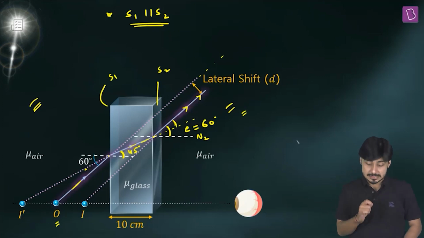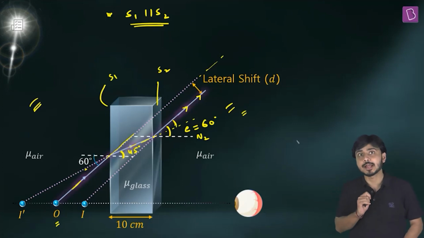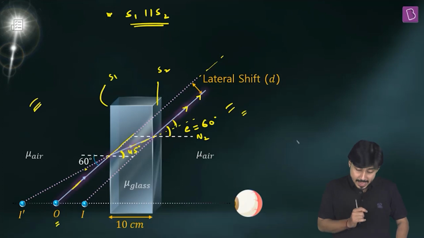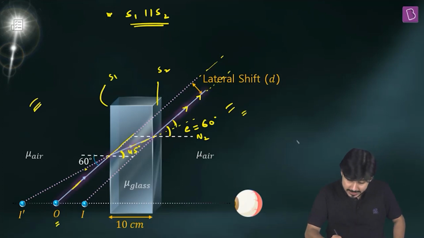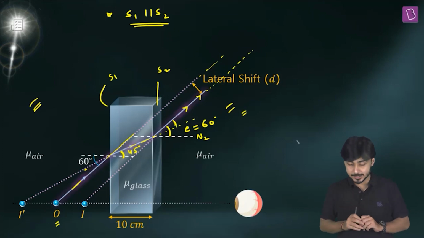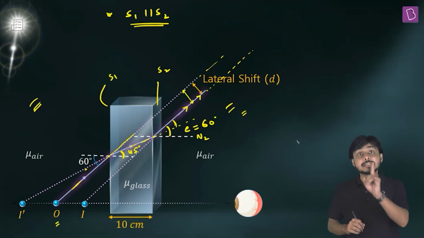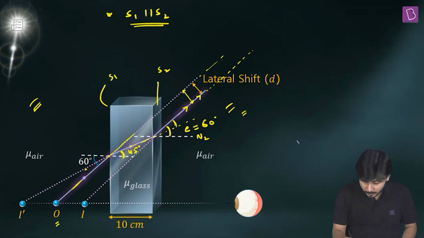Then the original ray, without any refraction, and the final ray, which comes out as a final refracted ray, are parallelly shifted. Are they parallelly shifted? Yes, because I is equal to E.